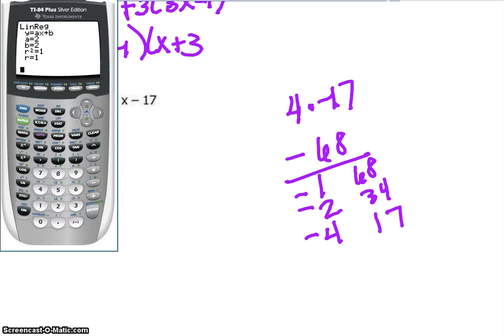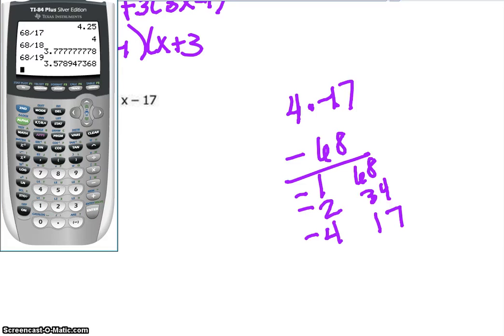You're just going to want to take your calculator and try it. 68 divided by 6, 68 divided by 8, 68 divided by 7, I skipped that, 68 divided by 9, 68 divided by 11, 68 divided by 12, 68 divided by 13, 68 divided by 14, 68 divided by 15, 68 divided by 16, 68 divided by 17, which we've already got, 68 divided by 18, 68 divided by 19.